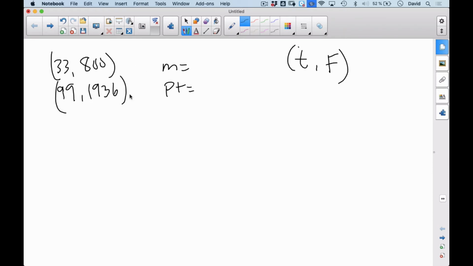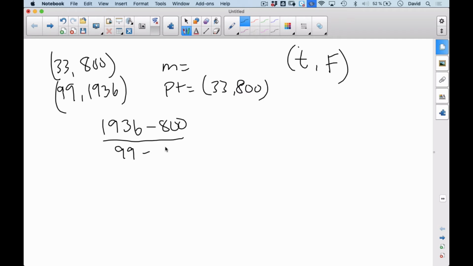Well, I have 2 points. I can use either one, and I will use 33, 800 for no good reason other than the numbers are smaller. To find the slope, I'm going to subtract 1936 minus 800 divided by the 99 minus 33 is my slope.